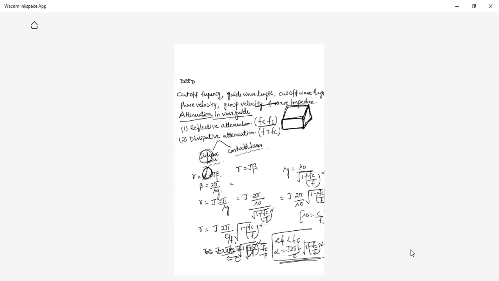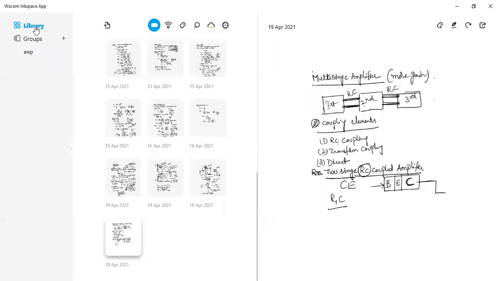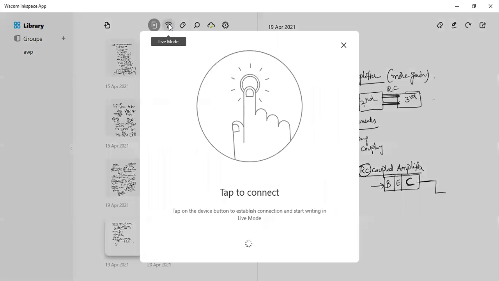Very important: reflective attenuation is not that important. The most important attenuation is, I'll go back and take one more page, the dissipative attenuation. What is dissipative attenuation?